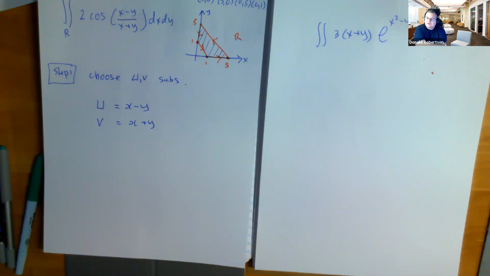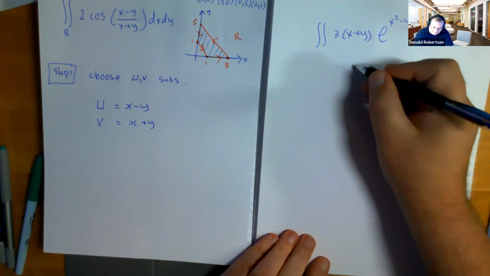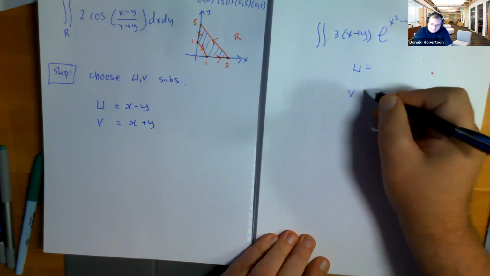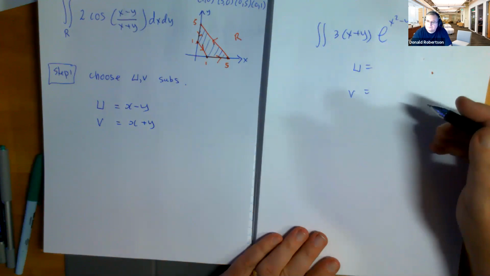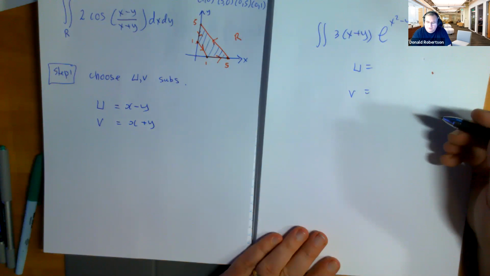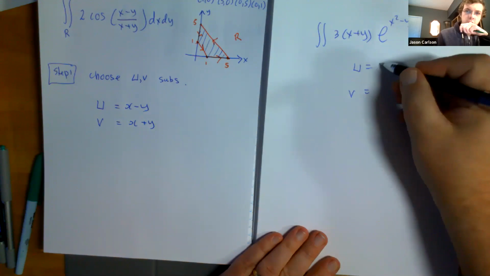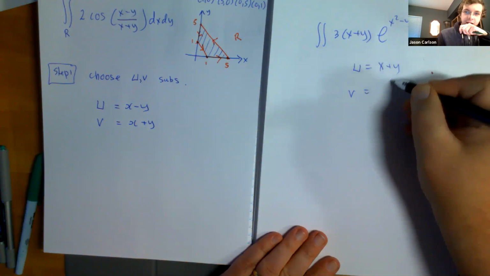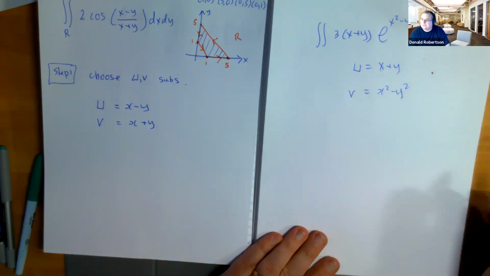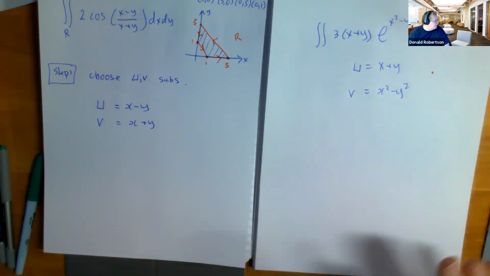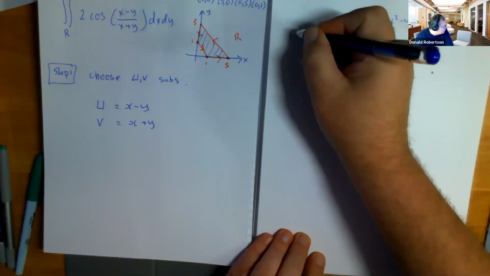I need a U and I need a V. Give me a U and a V. U is x plus y, then V would be x squared minus y squared. By the way, this is question 13.